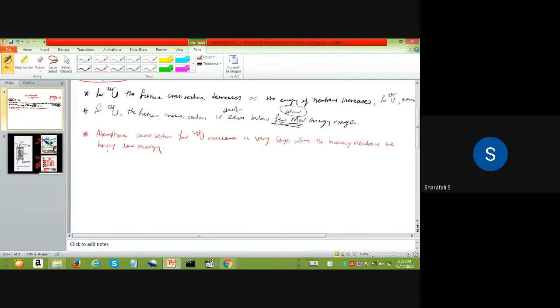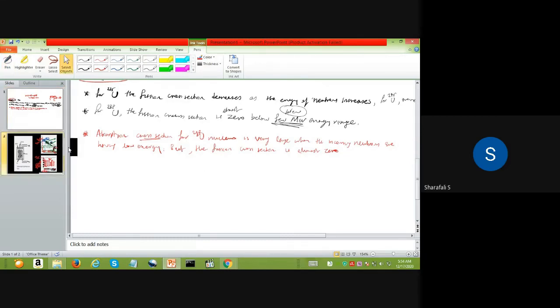So if the incoming neutrons have very low energy, then the absorption cross section is very large. But the fission cross section is almost zero for that case. You can write it as zero itself.